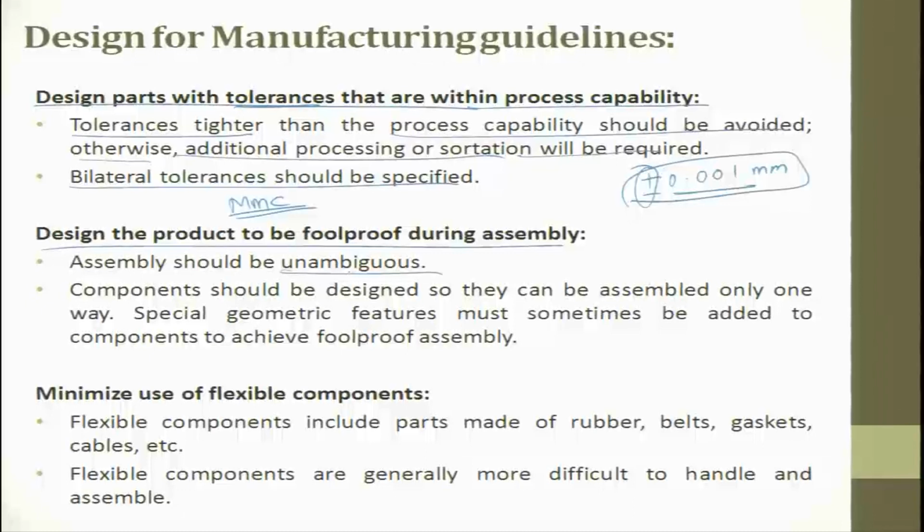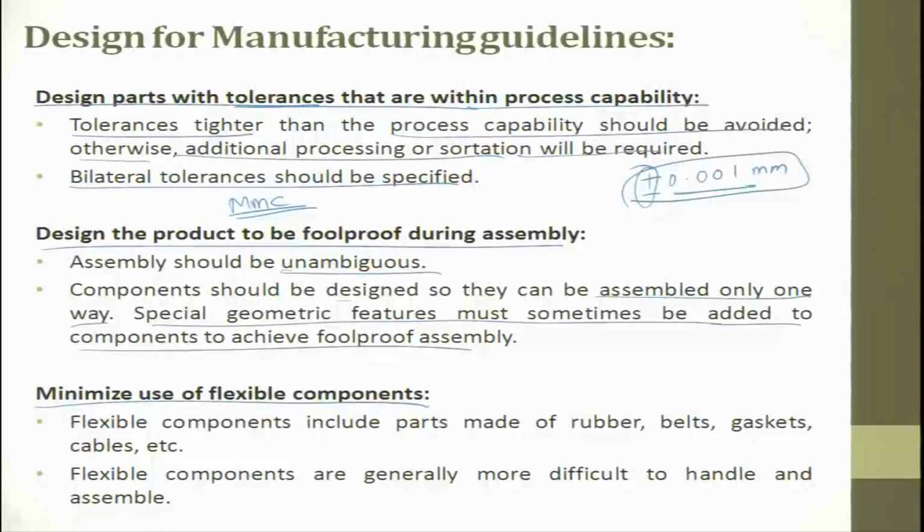So this is an unambiguous design. The components should be designed so that they can be assembled only in one way or in one direction. Special geometrical features must sometimes be added to the component to achieve foolproof assembly. Foolproof assembly means even an unskilled labor should place the part in only one direction which is right for the assembly. Minimize the use of flexible components.